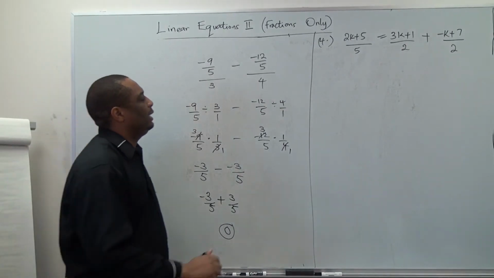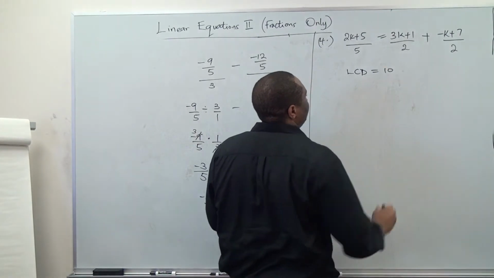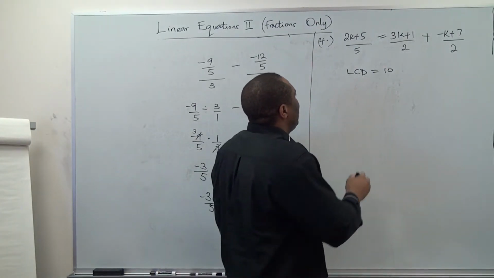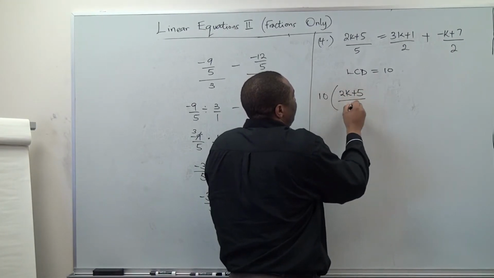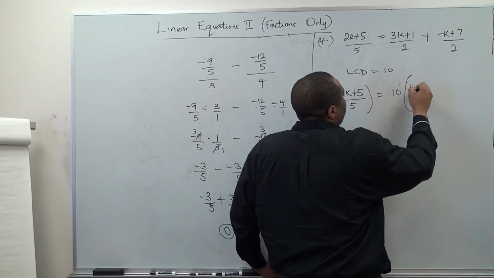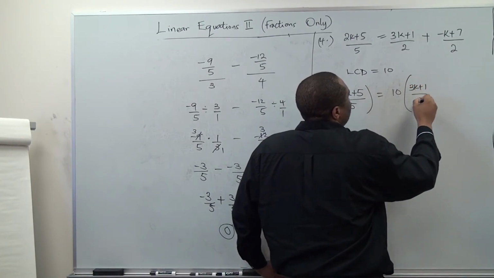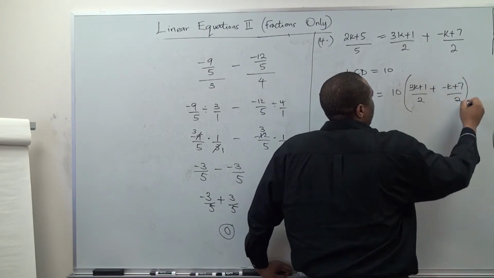So what's the LCD here? LCD here will give us 10. So we use 10 to multiply. 10 into (2k + 5)/5 equal to 10 into (3k + 1)/2 plus (-k + 7)/2.